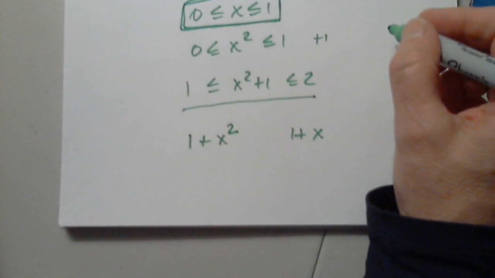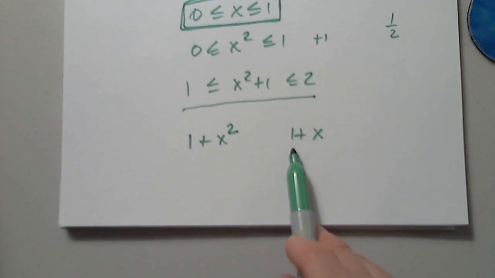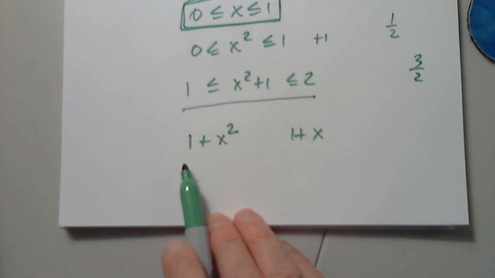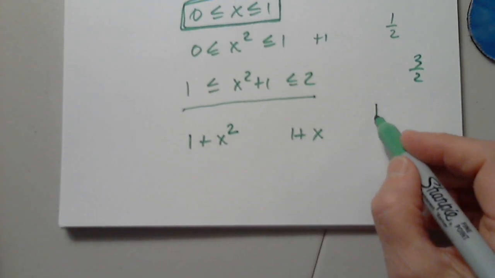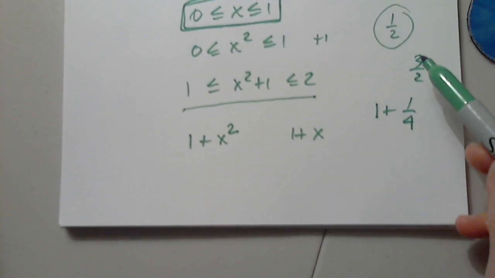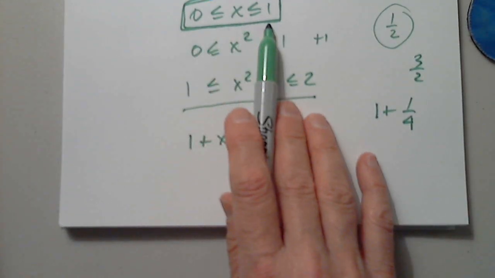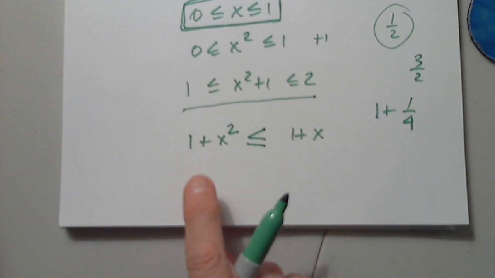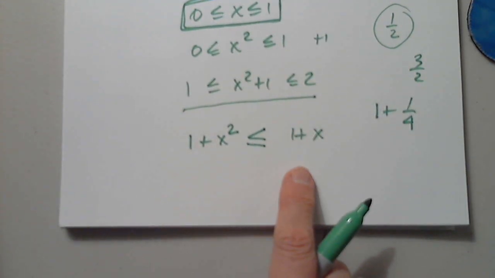So if I choose, let's say, 1/2, this is 1 plus 1/2, which is 3/2. But this one is much smaller. Why? Because I have 1 plus 1/4, since I have to square 1/2. It's a number between 0 and 1. So this is always going to be a number smaller than this one.